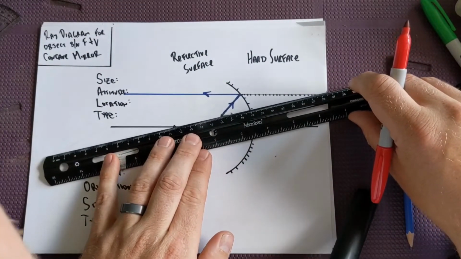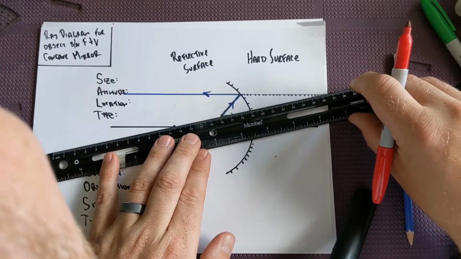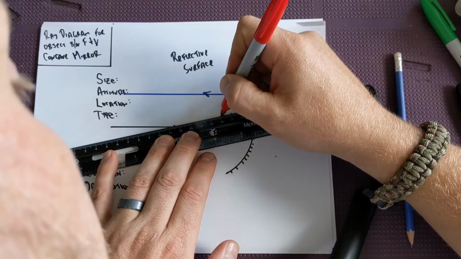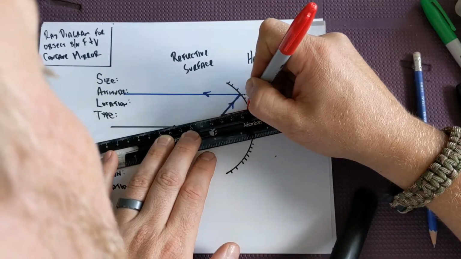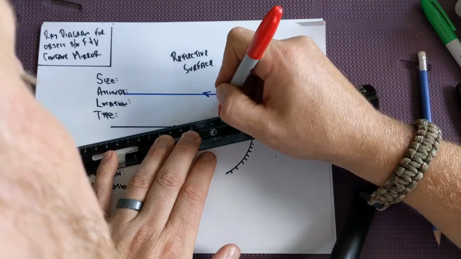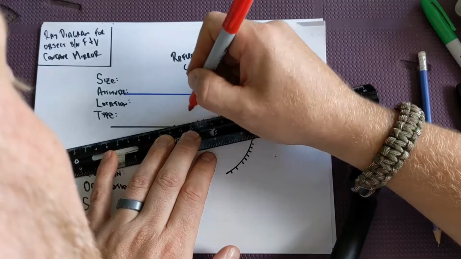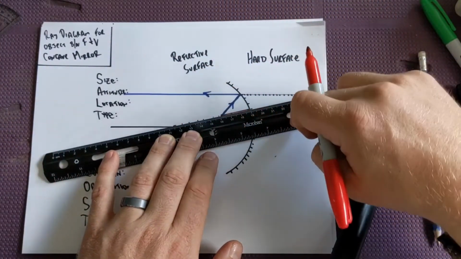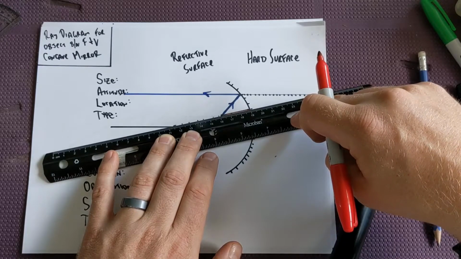I have to line it up perfectly. So from here, the ray hits there. We're just going to pretend that the ray comes through from the center of curvature, and it hits there.